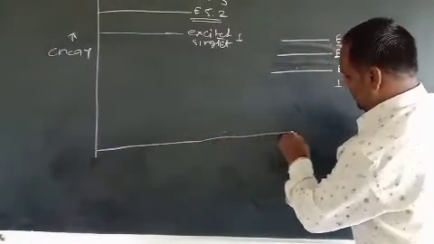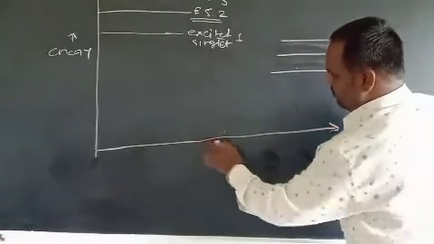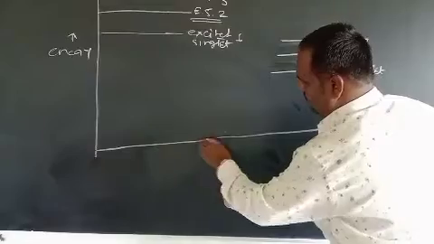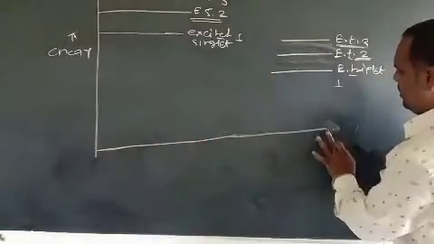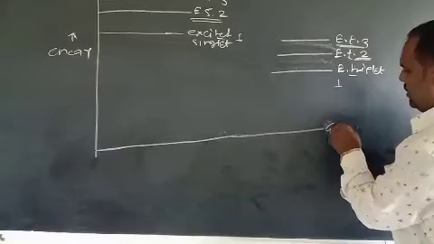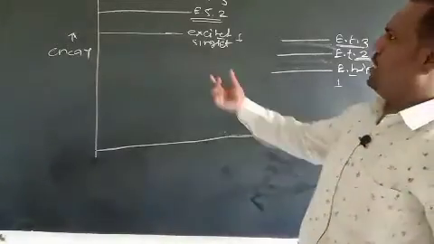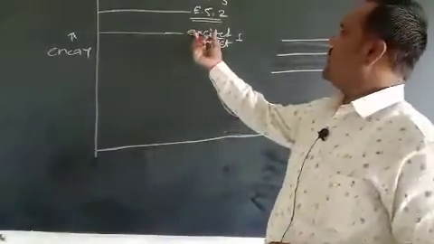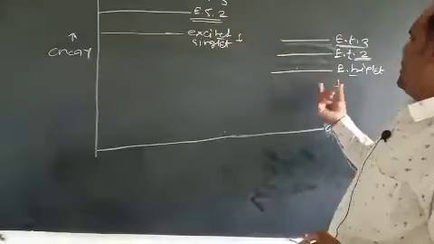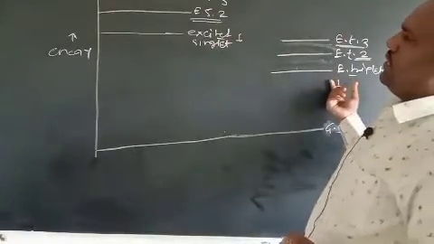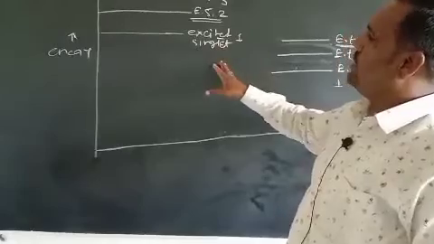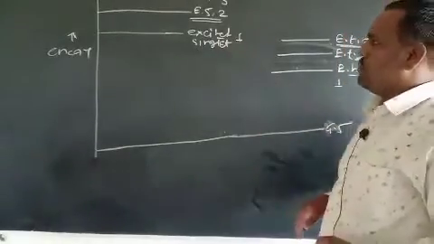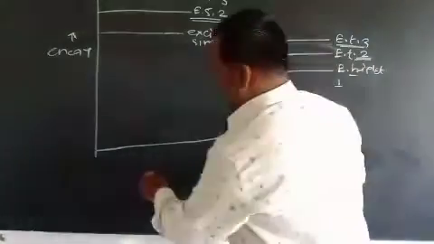So let us consider this is your ground state, and this is your excited state, excited singlet and excited triplet. Excited triplet is lower in energy due to high multiplicity, excited singlet is higher in energy due to low spin multiplicity. Again there is a transition.